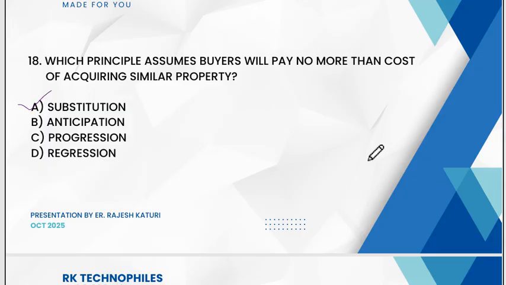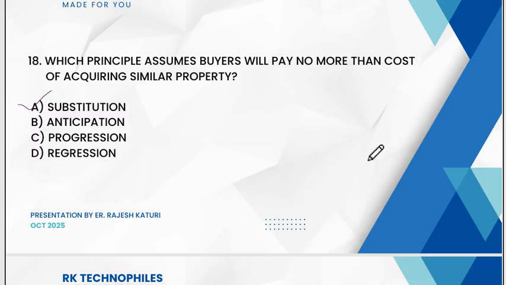For example, if a similar apartment is available for 50 lakhs, a buyer won't pay 55 lakhs for a comparable unit, right? So that is called substitution.